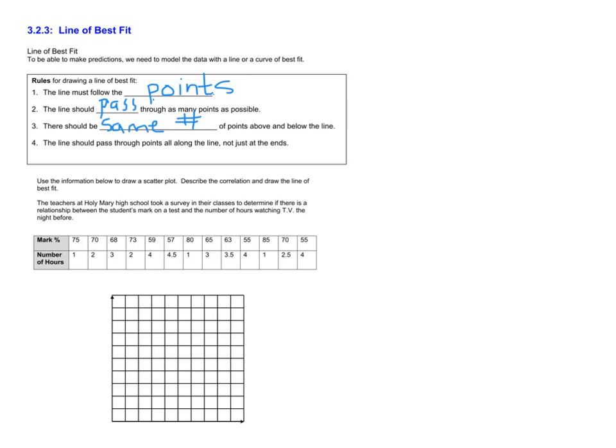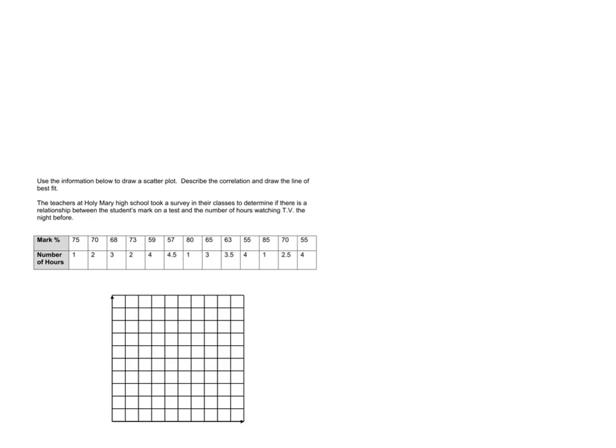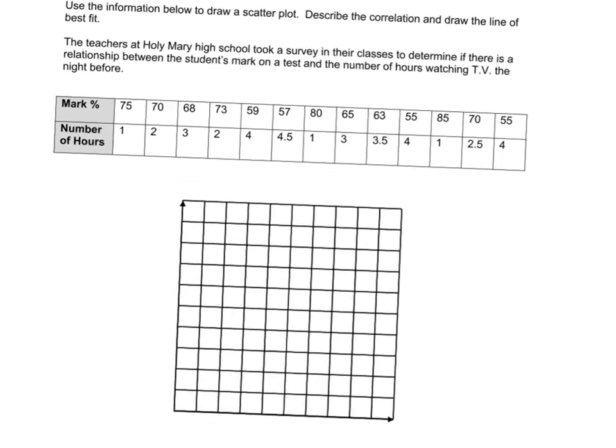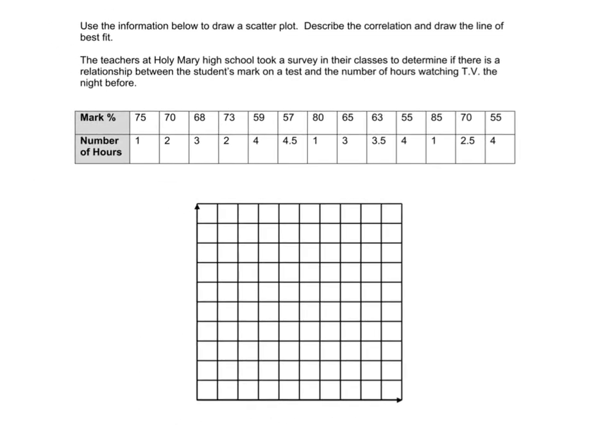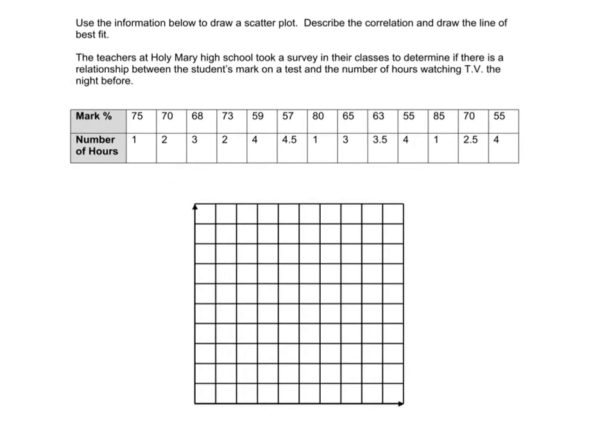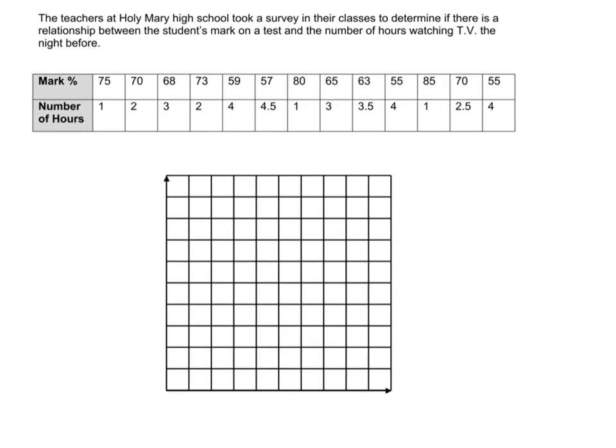So I'm just going to delete this part here, and then I am going to zoom in on the picture of what we're doing. It says use the information below to draw a scatter plot. Describe the correlation and draw the line of best fit. The question says the teachers at Holy Mary High School took a survey in their classes to define if there is a relationship between the students' marks on a test and the number of hours watching TV the night before.